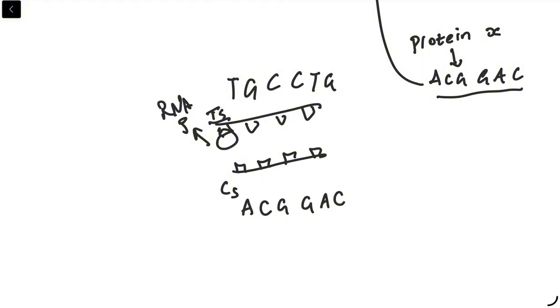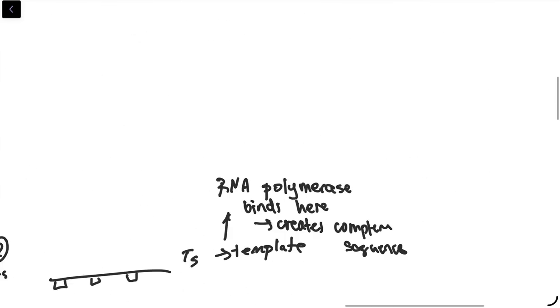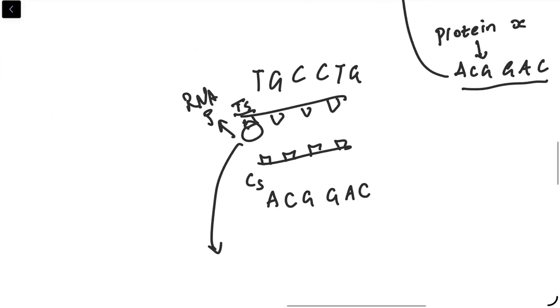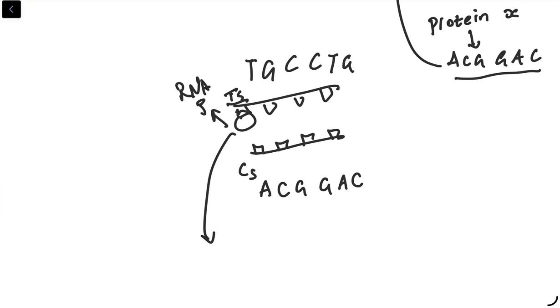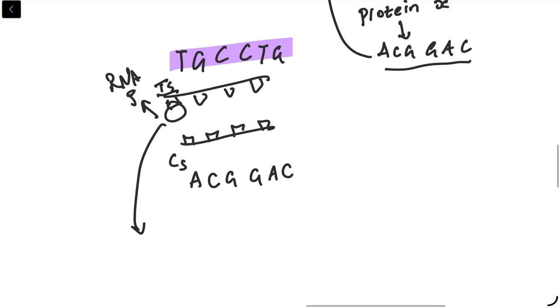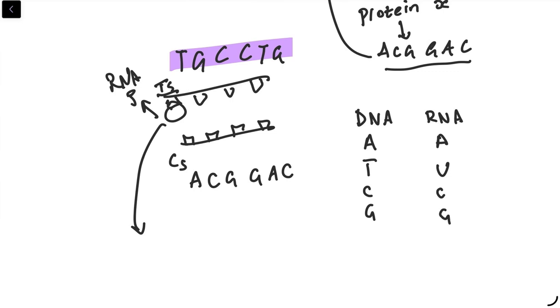So what RNA polymerase will do now is create a complementary sequence to the template strand. First, there is one major difference between RNA and DNA in terms of bases: in DNA you have A, T, C, G, however in RNA you have A, U, C, G. Thymine is replaced by uracil.